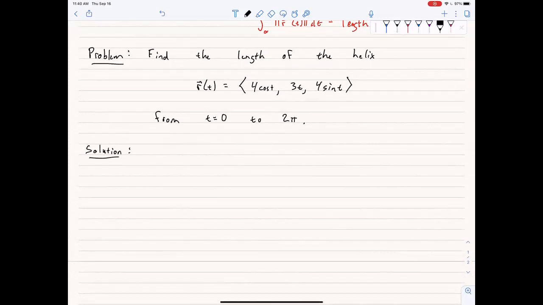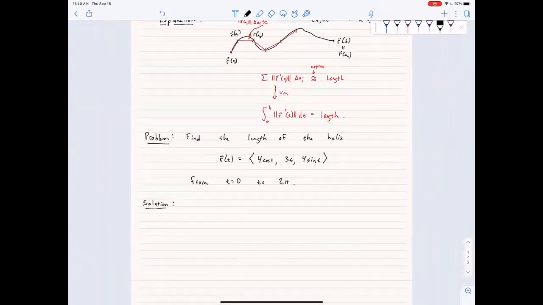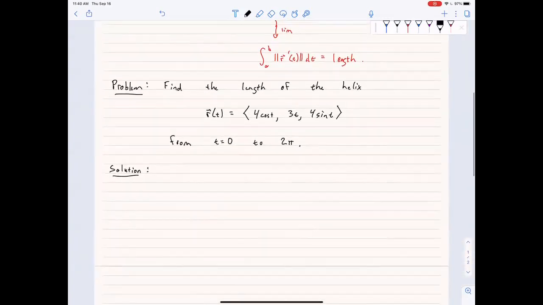So we need to calculate this integral. Well, I guess it's in red here, this integral here. And before we calculate that integral, we need this function, which is the norm of the derivative, our velocity. So let's calculate the velocity first. This is easy.